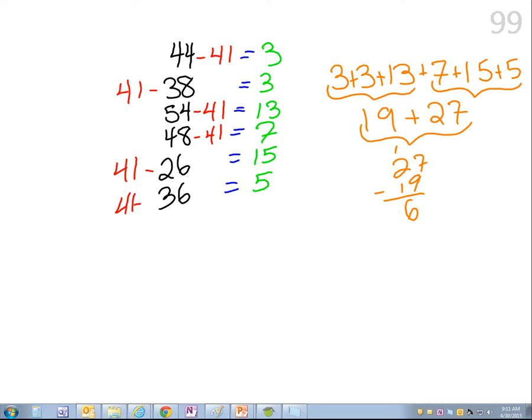You said 49. The way that you could do that in your head is this. You just take 1 from 27 and give it to 19. So it's 20 plus 26.